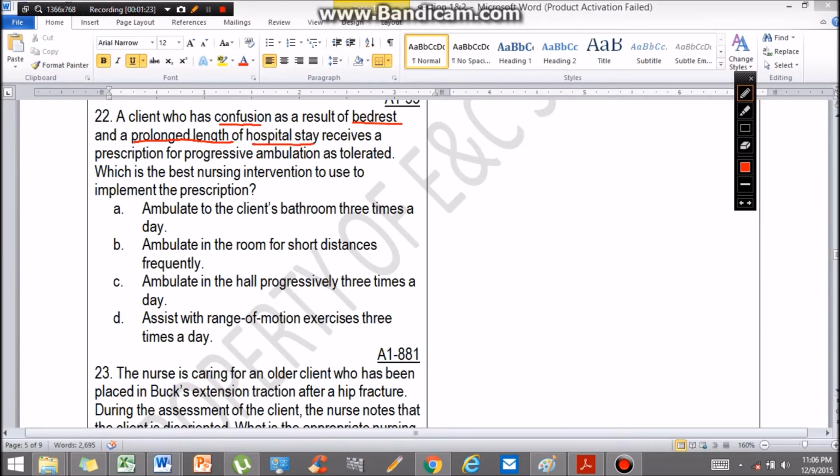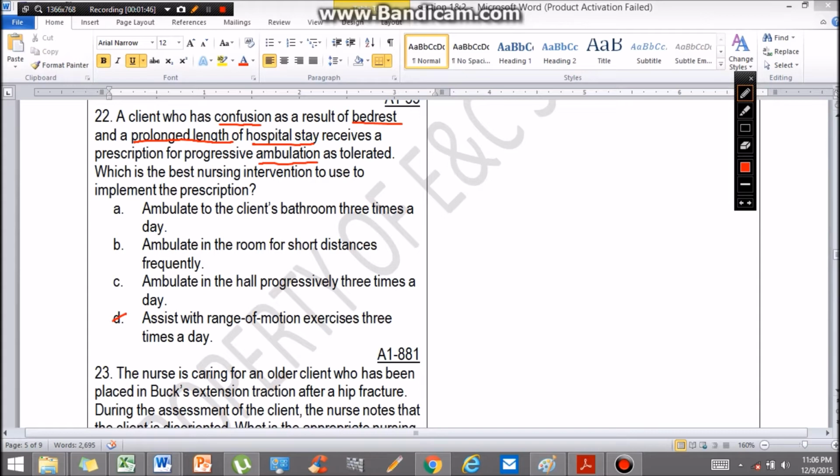Since this is the cause, there was an order to ambulate the client. The question here is, which is the best nursing intervention used to implement the prescription? So let's eliminate B, because this is not ambulation, right? So there are only three ambulations, A, B, and C.